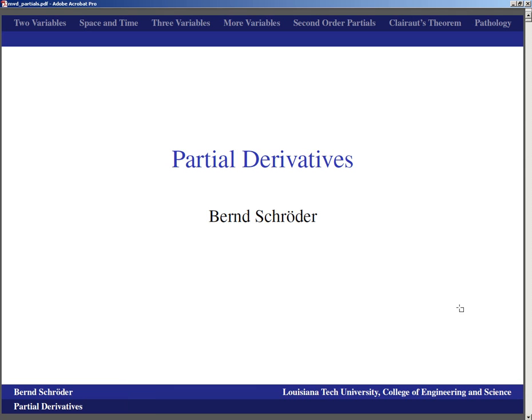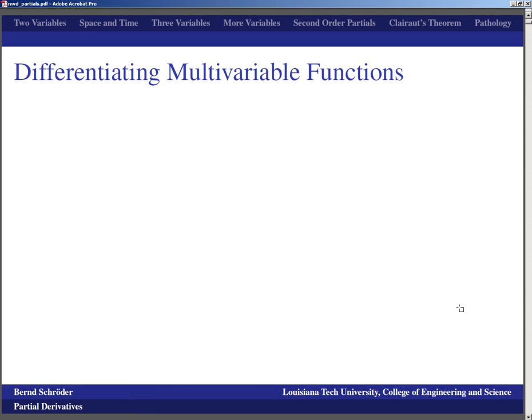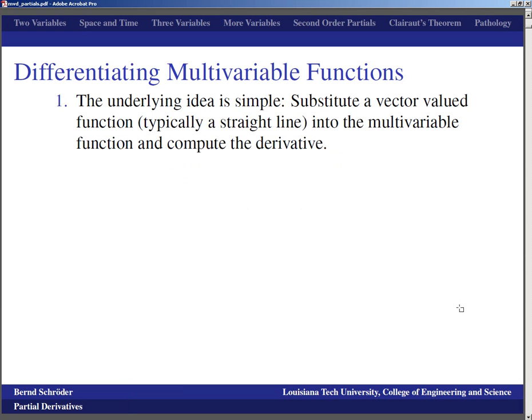Okay, so let's take a look at partial derivatives. And when you're differentiating a multivariable function, the underlying idea actually is pretty simple, because what you do is you substitute a vector-valued function, which is typically a straight line actually, so something very simple. You substitute that into the multivariable function, and then you compute the derivative.